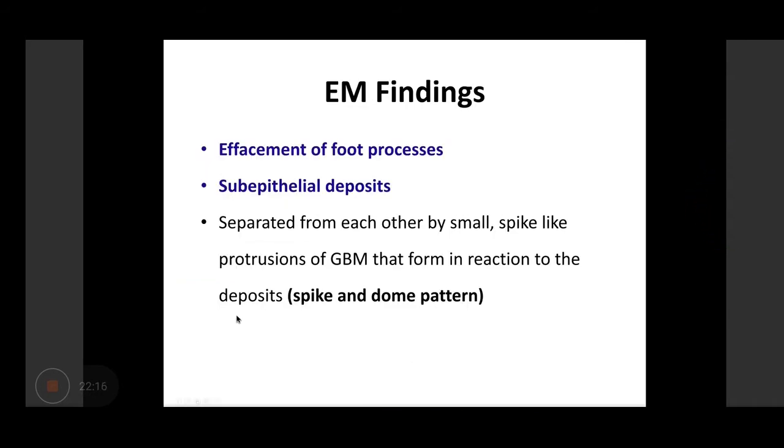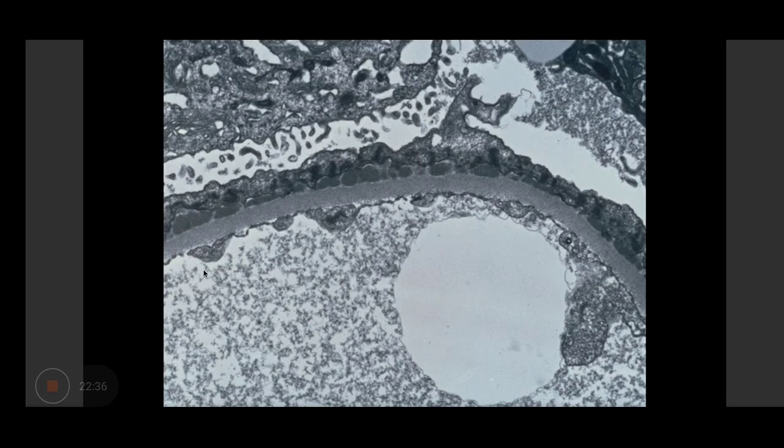On EM, normally the IF and the light microscopy are good enough to make a diagnosis, but still, what will you see on EM? On EM, again, there is podocytopathy, which shows diffuse effacement of foot processes, and then you have those classical subepithelial deposits. This is the photomicrograph of a case of membranous glomerulonephritis of early stage.